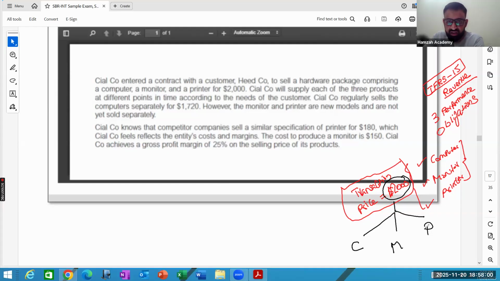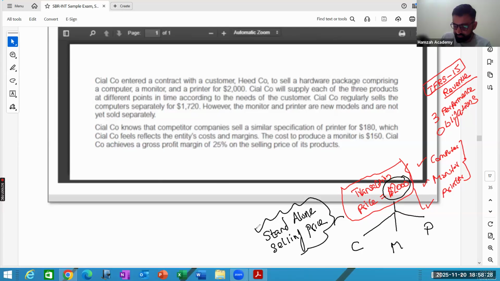And in IFRS 15, we have guidance that the transaction price should be allocated in proportion to stand-alone selling price.